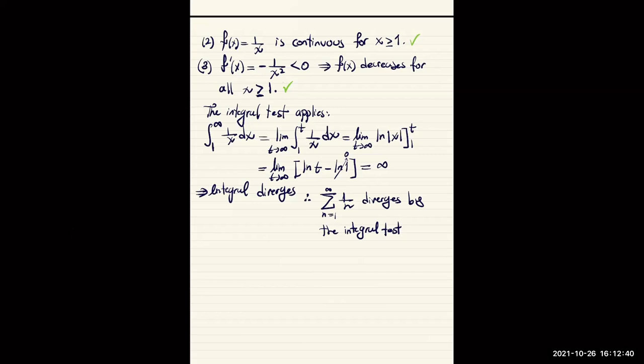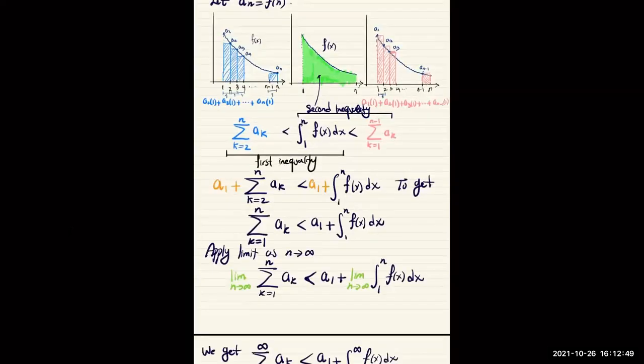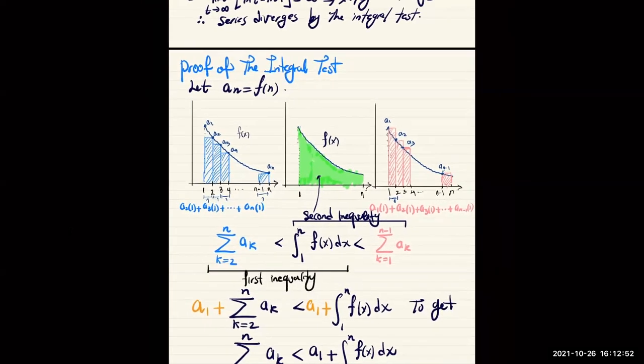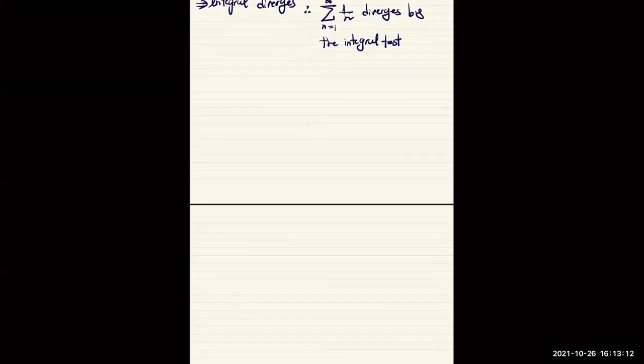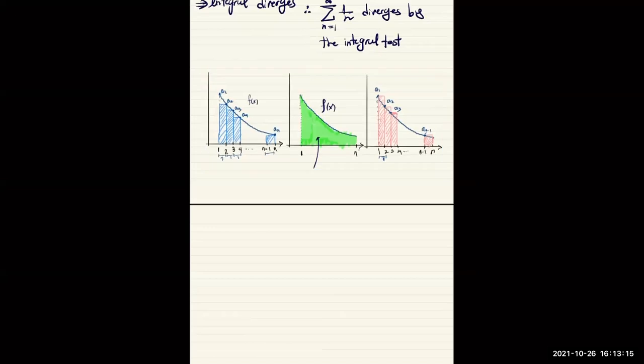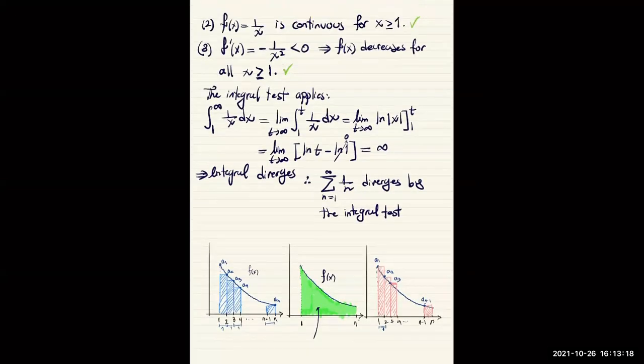So let me see if we have enough time to prove the theorem, and then we'll do more examples tomorrow. I already have proven the test, but there are so many figures that I just don't feel like drawing. I'm just going to copy this and use it. You guys should be comfortable with the proof.